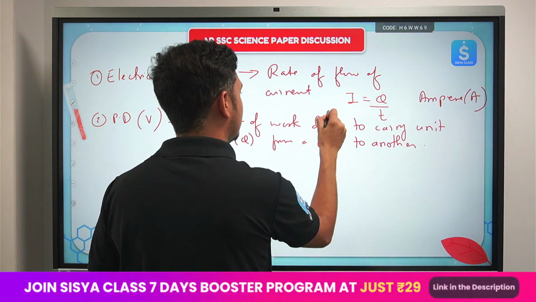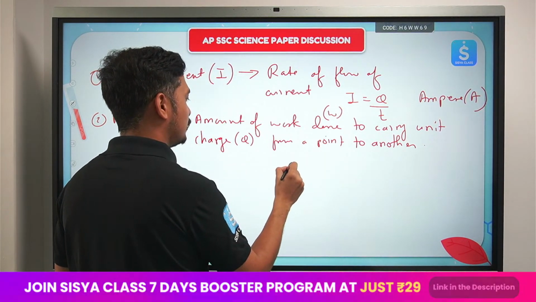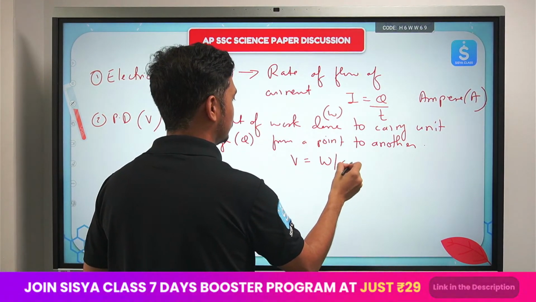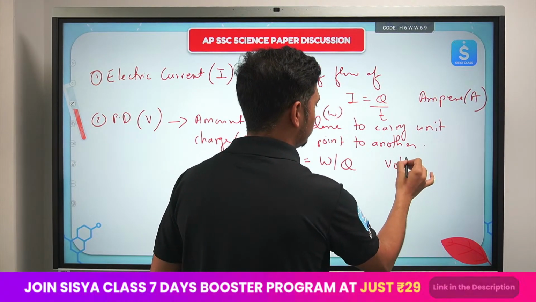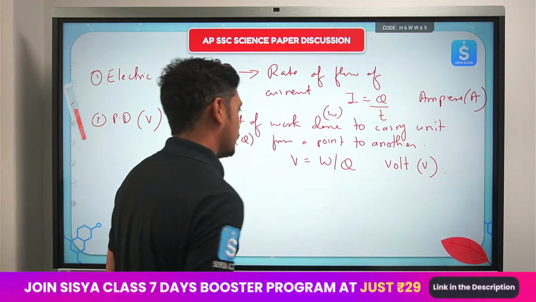You can also write W for work done, and you will get the formula V is equal to W by Q. This is the formula, and its SI unit will be volt, abbreviated as capital V.